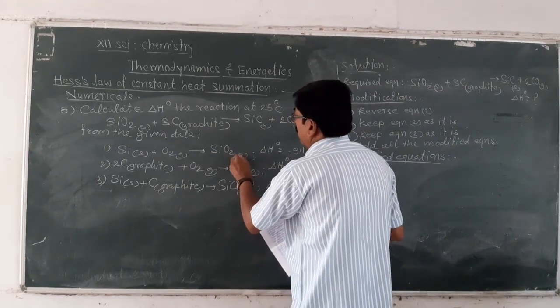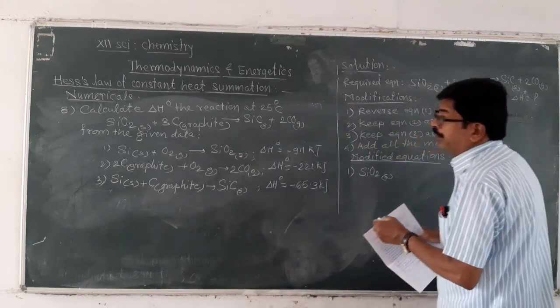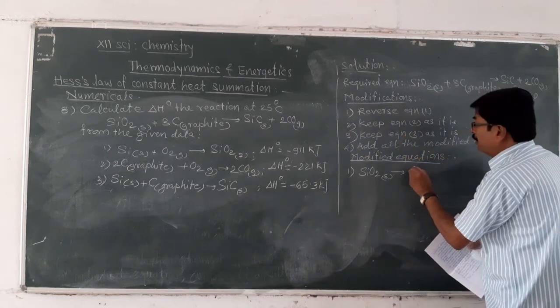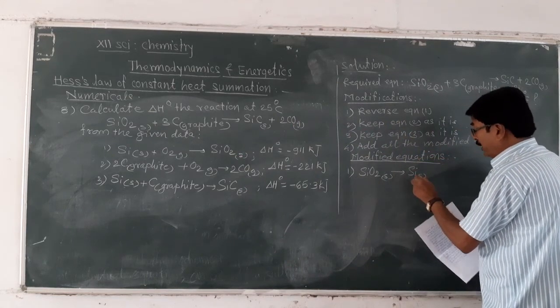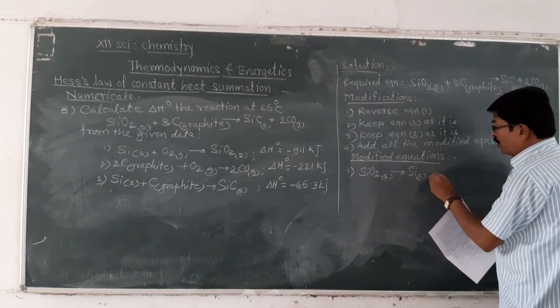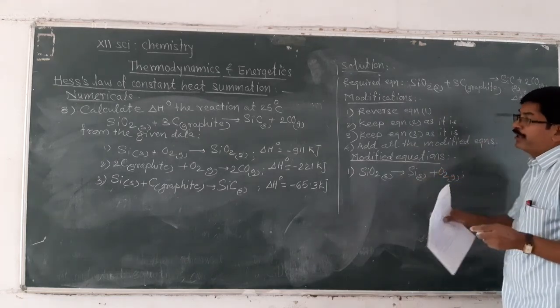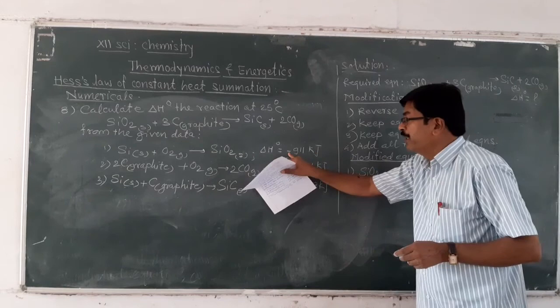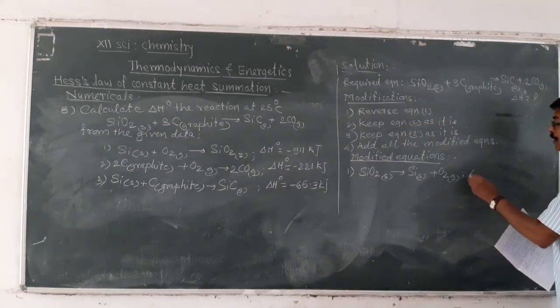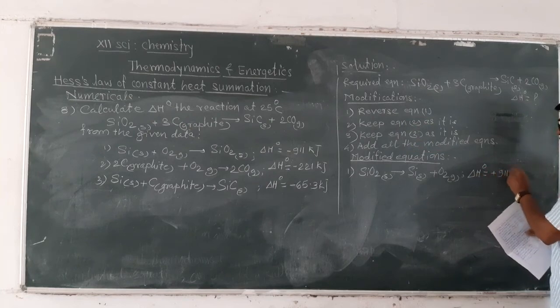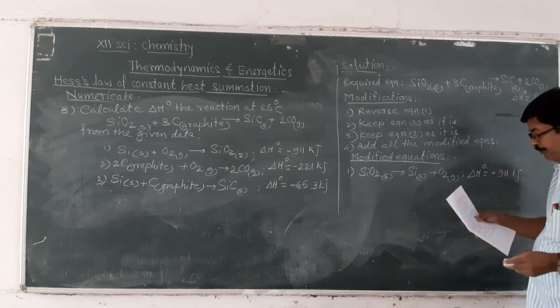SiO2 solid gives Si solid plus O2 gas. Equation is reversed, therefore enthalpy from minus becomes plus. Delta H naught will be equal to plus 911 kilojoule.